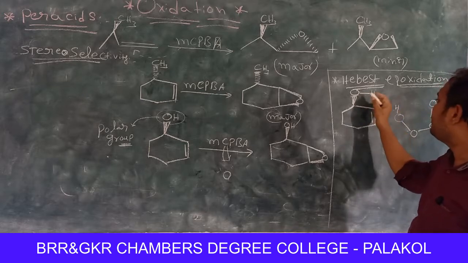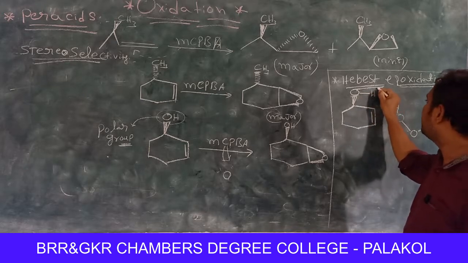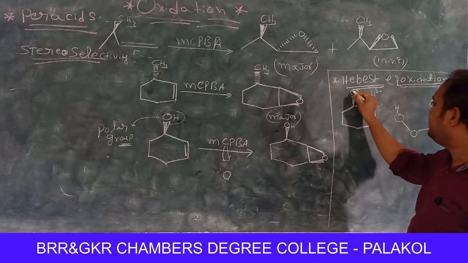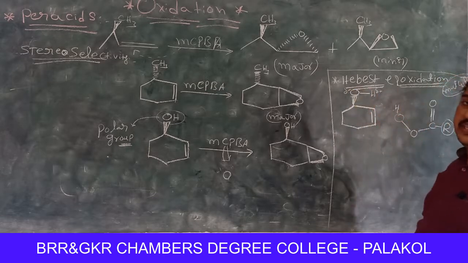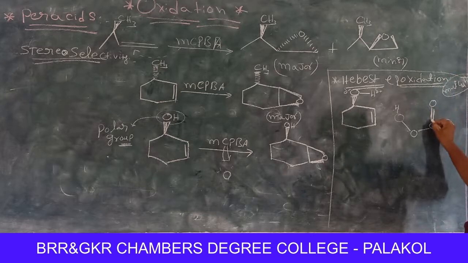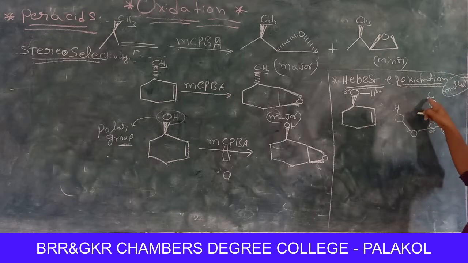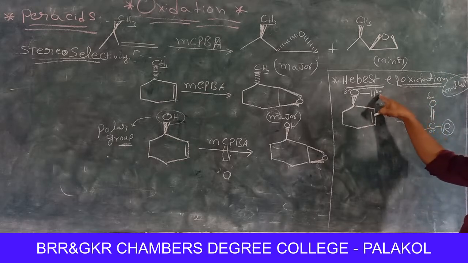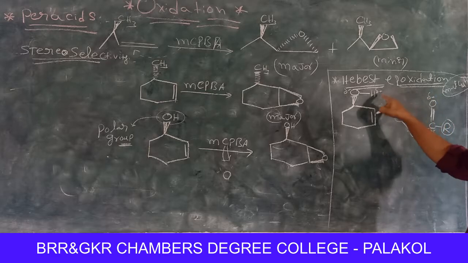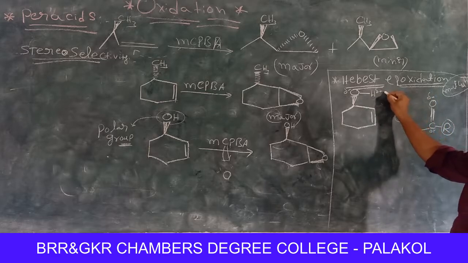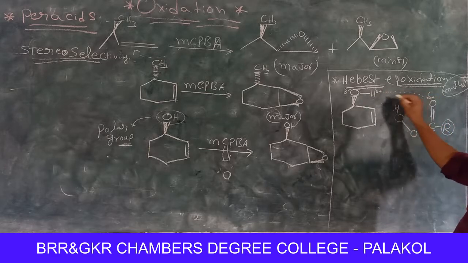Why intermolecular hydrogen bonding here? Because hydrogen has delta plus character and this oxygen has delta minus character. In the same manner, the other oxygen atom also has delta minus and delta plus, so between delta minus and delta plus there exists some hydrogen bonding.